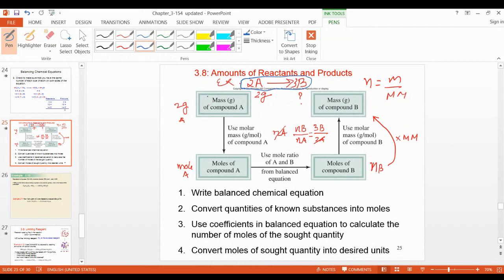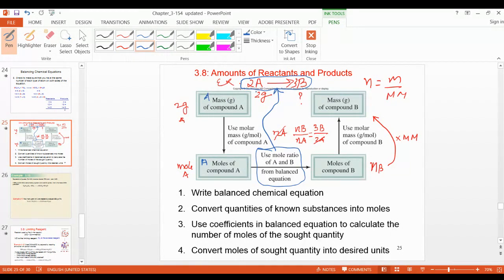The mass of A changes to moles of A. And this ratio is very important. This is the factor, the ratio of A to B from the equation. If you don't have the balanced equation, all your answers are wrong. So you must know that the equation is balanced and take the ratio from it.